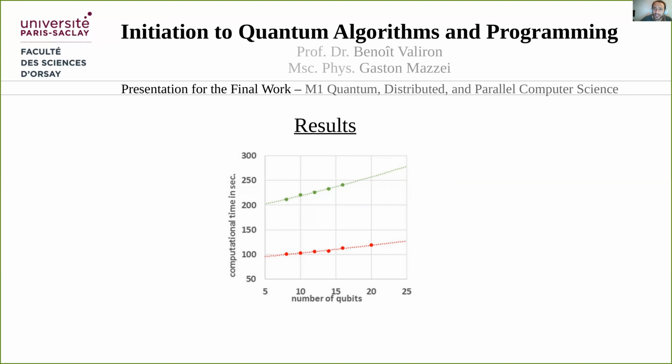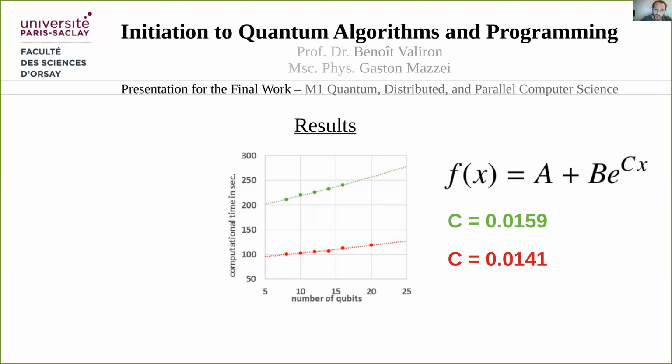They did take into account both the time required for preparing the qubits and the time required to measure them. They then produced this estimation of the real time that implementing it would take. They fitted it with an exponential function, which is okay. It's possible to fit any straight line with an exponential function with a sufficiently small exponential coefficient.